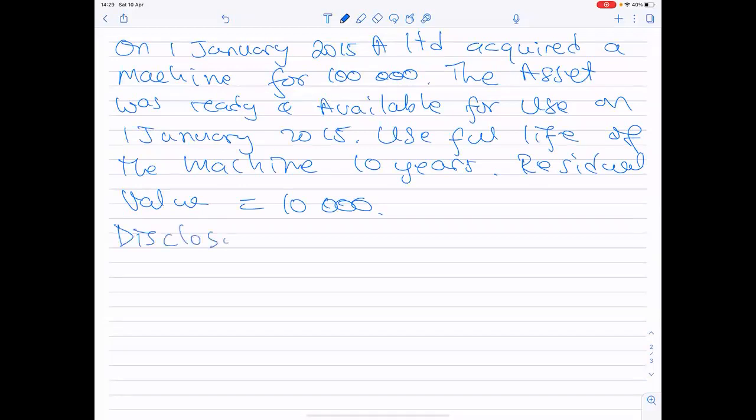Disclose the PPE note for the year 2015, 2016, and 2020.